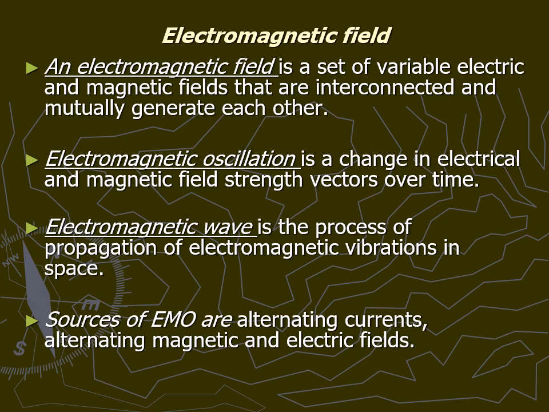An electromagnetic wave is the process of propagation of electromagnetic oscillations in space. And if we have said that mechanical waves can propagate only in certain media, then electromagnetic waves propagate in all media, including vacuum. In order to get an electromagnetic wave, we need the following source.